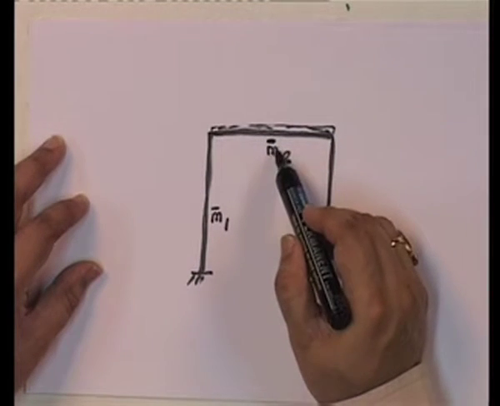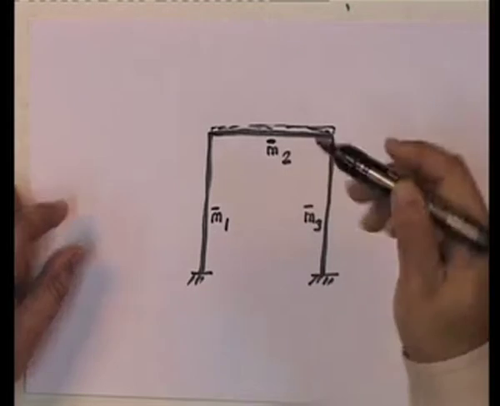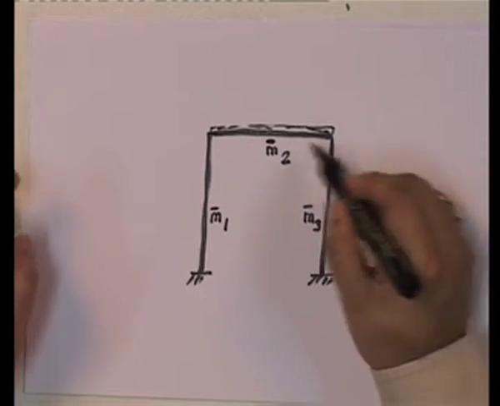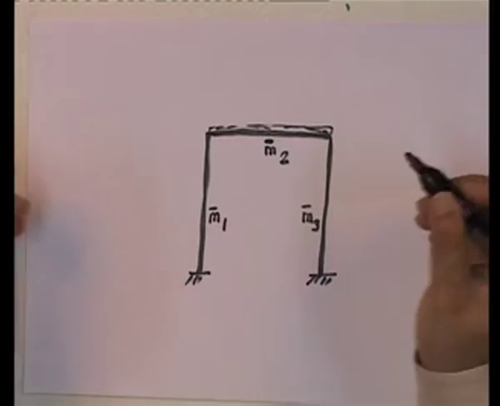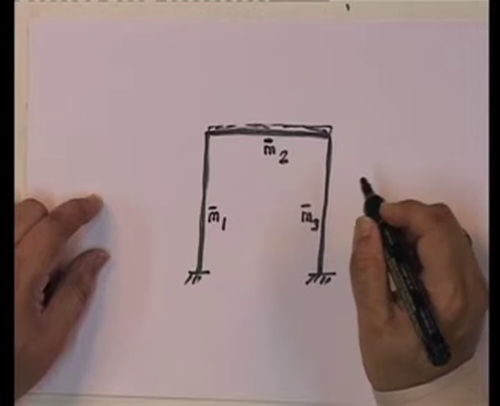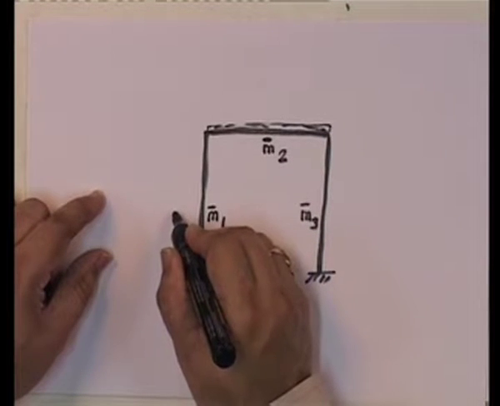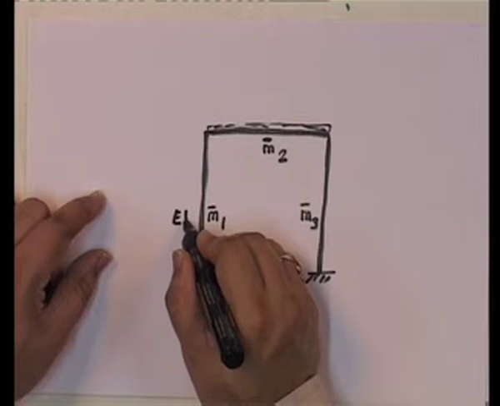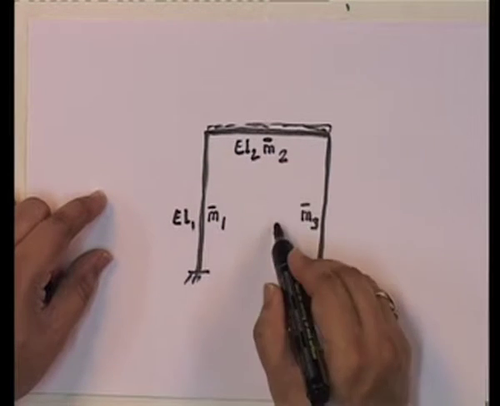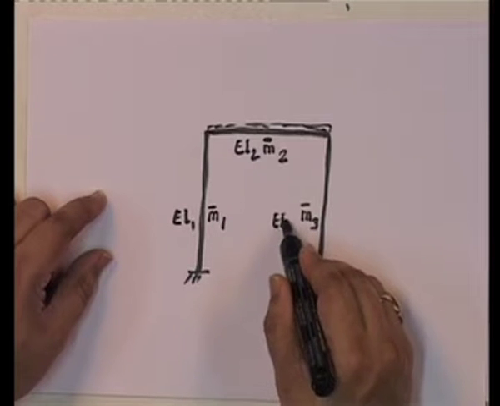So, this is not just m bar 2 of the beam, it is also the mass that is coming from the slab, etc. Suppose you have this kind of thing, and now these are all flexible bodies. So, I will say that all of them have EI 1, EI 2, EI 3.